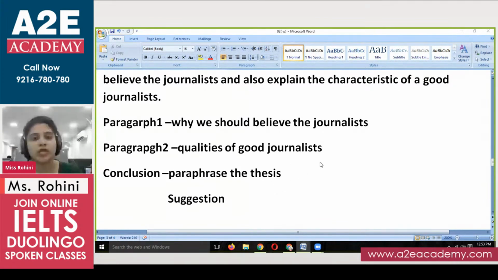You can write it this way here. We should believe the journalist because they play a very important role in society. They act as a middleman between the people and the government.